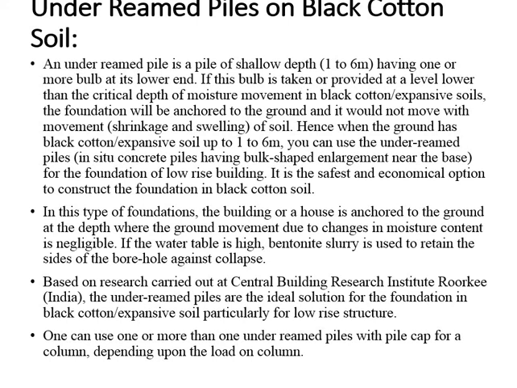In this type of foundation, the building or house is anchored to the ground at the depth where the ground movement due to changes in moisture content is negligible. If the water table is high, bentonite slurry is used to retain the sides of the borehole against collapse.